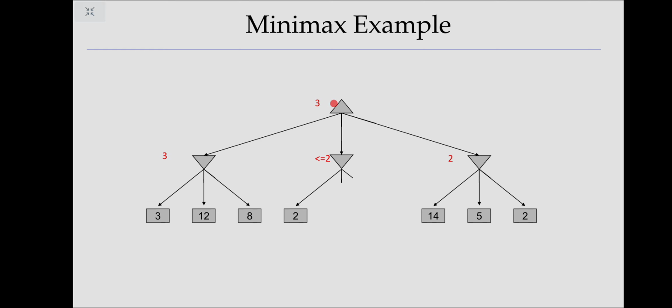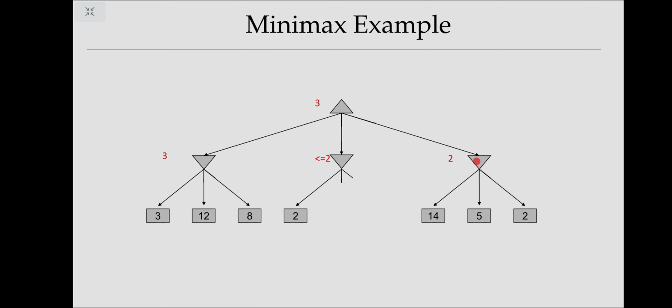But the max player, because from the middle successor it cannot get a utility greater than 3, stops branching and prunes the other children.